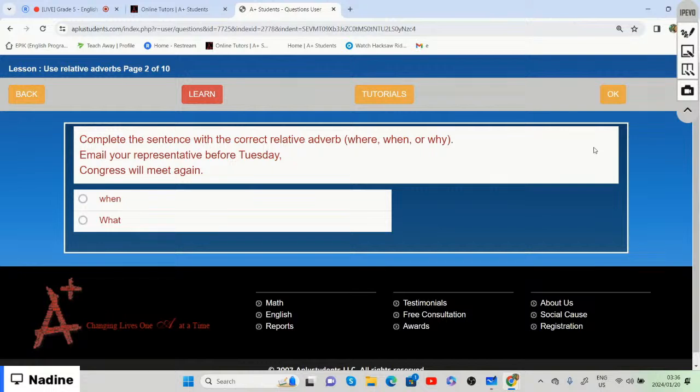All right, so email your representative before Tuesday. Do we say when Congress will meet again or what Congress will meet again?